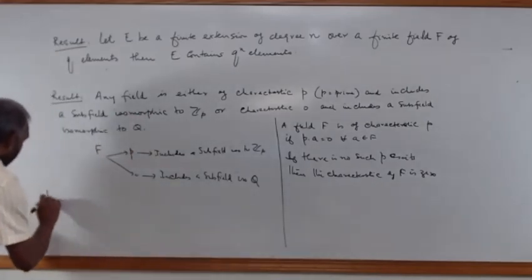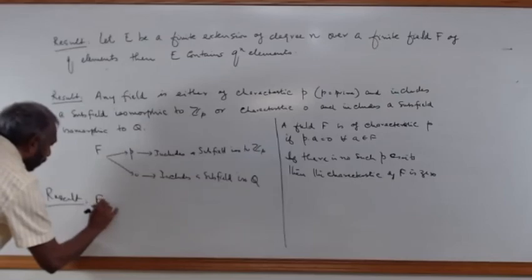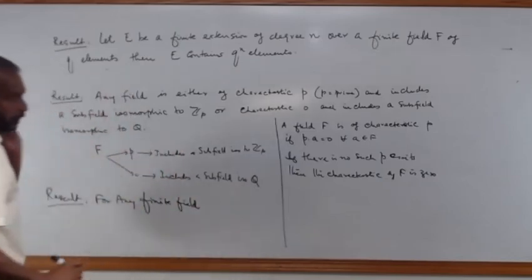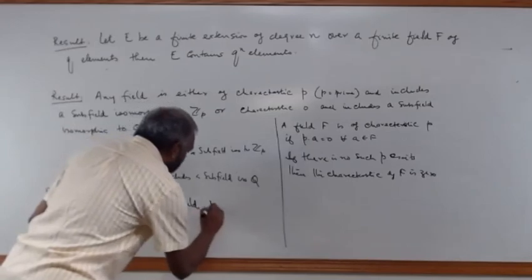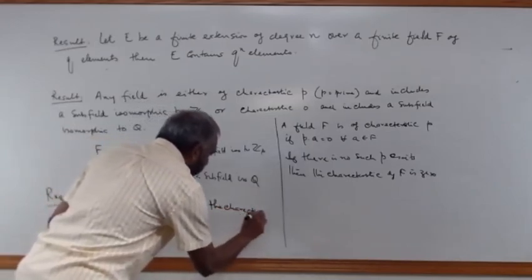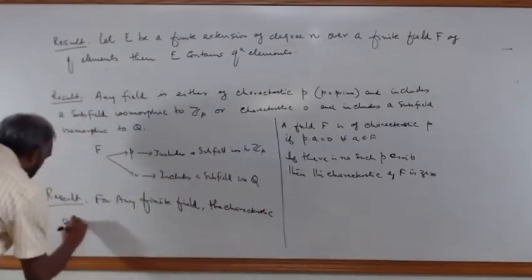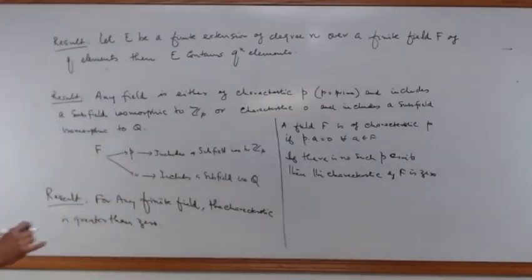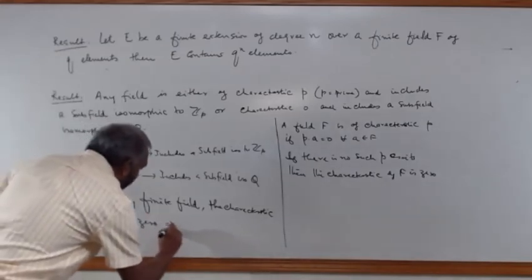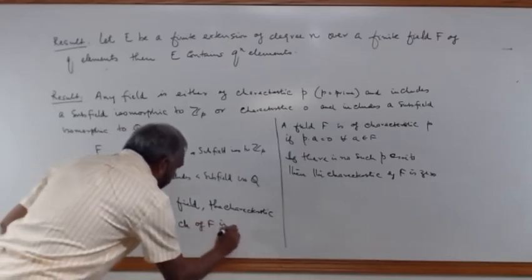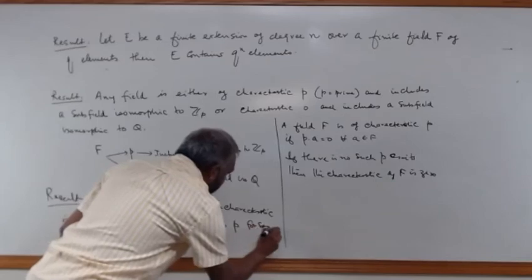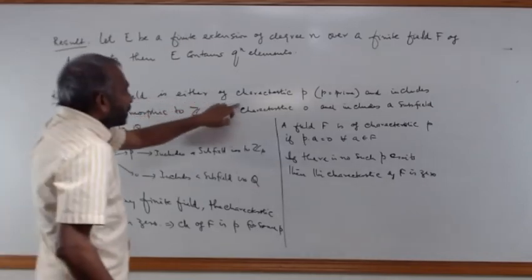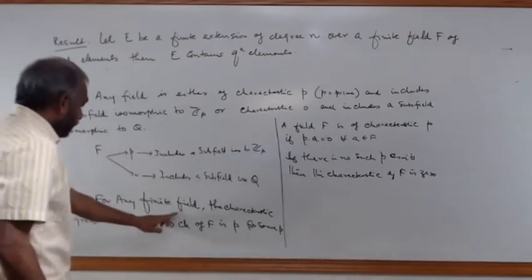So for any finite field, the characteristic is greater than 0, and that means the characteristic of F is p for some p, because for any field, either the characteristic has to be 0 or p, but if it is finite, it is greater than 0.